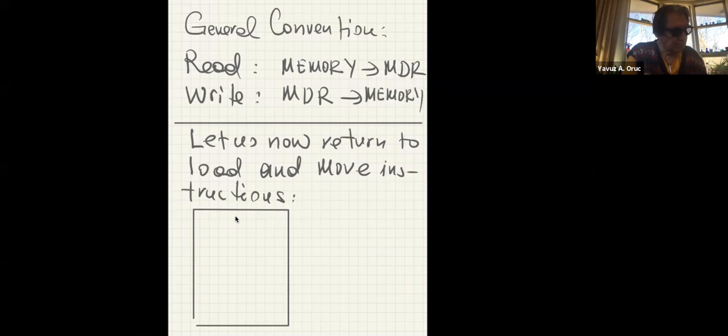Here's my load instruction. I got this operand here. And I have my 0, 1, 0 for my load. Here is an address, which is the destination address.